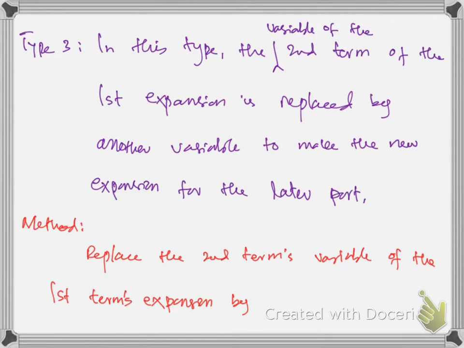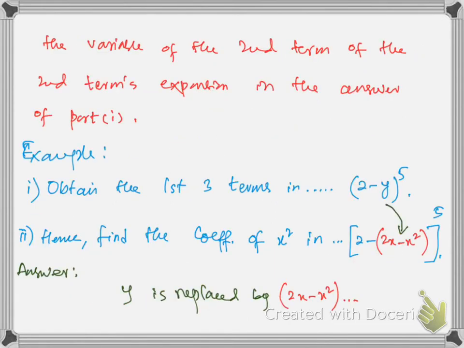Type 3 questions. In this type, the variable of the second term of the first expansion is replaced by another variable to make the new expansion for the later part. Method, how to solve this? Replace the second term's variable of the first term's expansion by the variable of the second term's expansion in the answer of part 1.